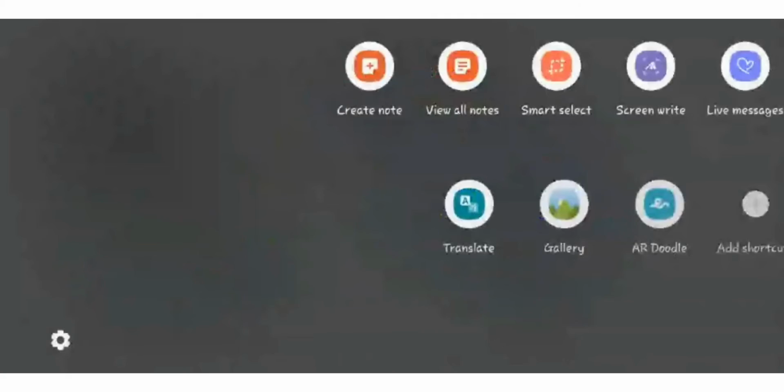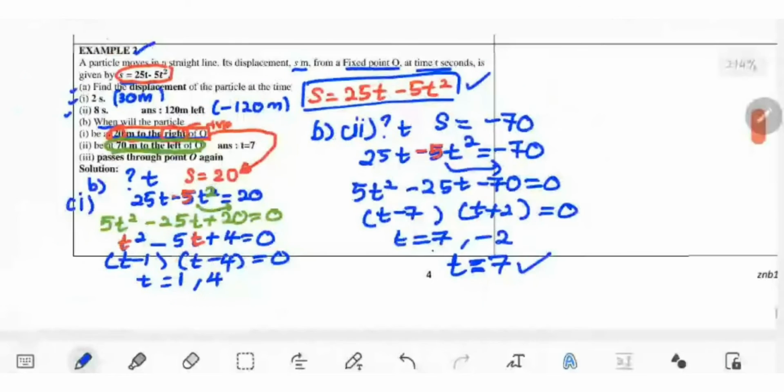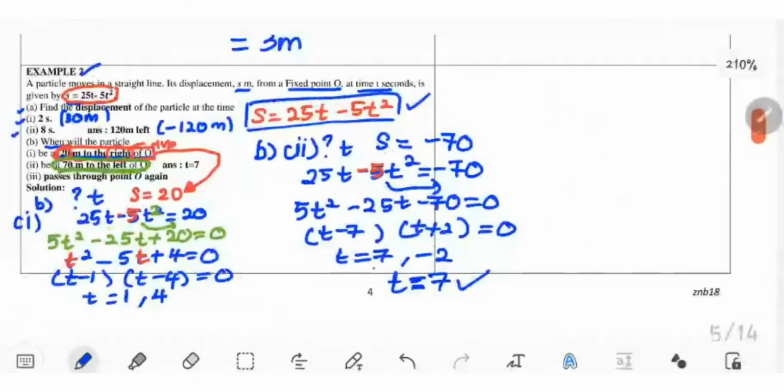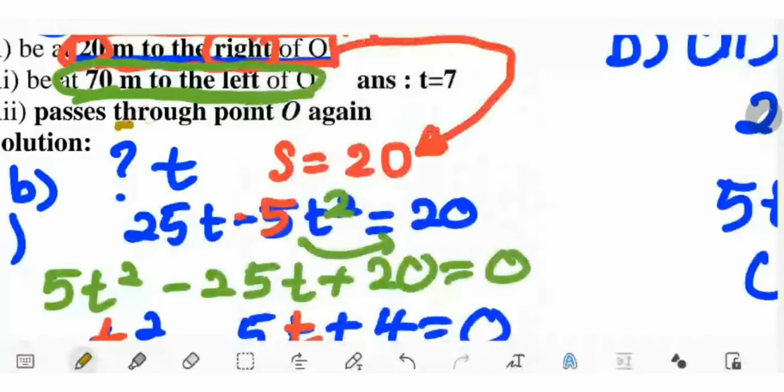The last one, the third one. When will the particle, lagi sekali dia tanya T juga. When, maknanya nak cari T. When will the particle passes through point O again? Ni dia dah pergi.